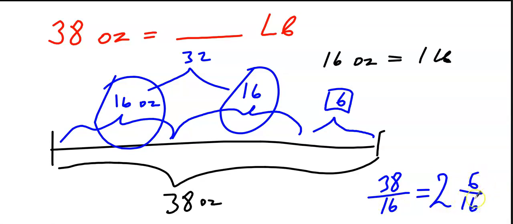You could simplify 6 over 16 by dividing each number by 2. So this becomes 2 and 3/8. So the answer is 2 3/8 pounds inside of 38 ounces.